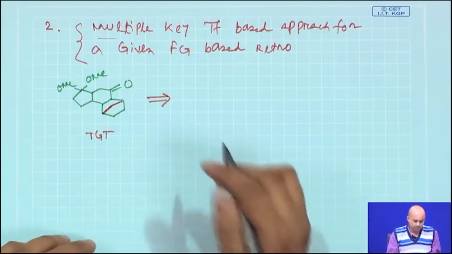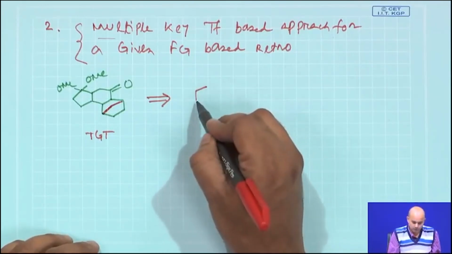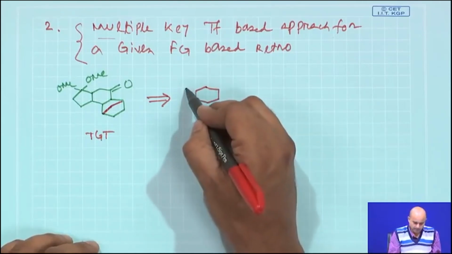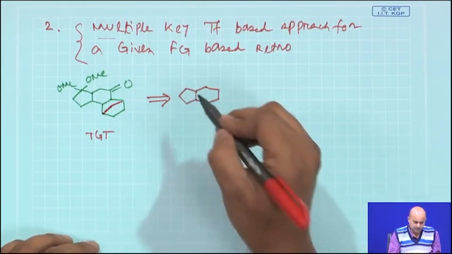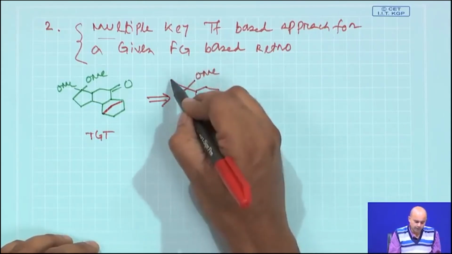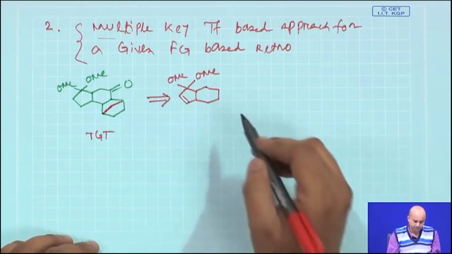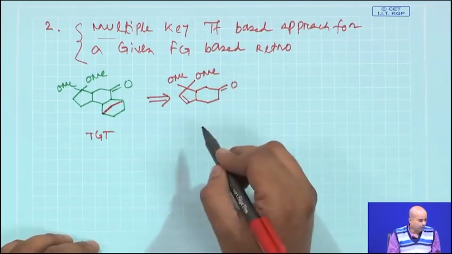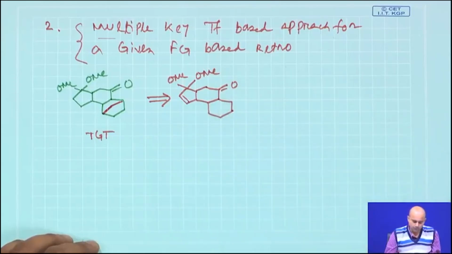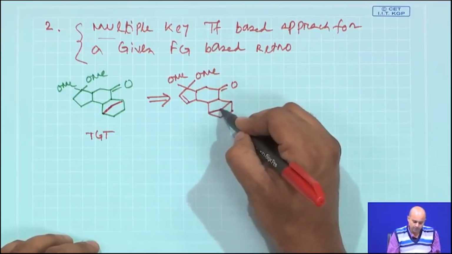And now, I will first try to do the retro based on simple functional group addition elimination, then you try to correlate how these things can be created. Initially, I said that we will do some hydrogenation here. Now, eventually you may ask, sir, why was hydrogenation the first step you have chosen.